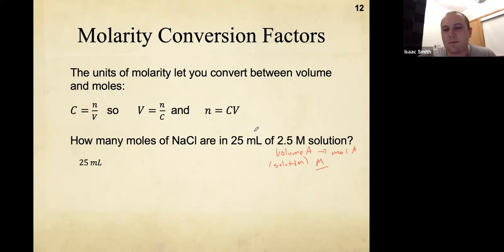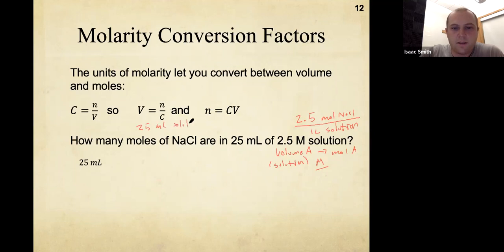So if we want to line up units, which is a really good way to think about this, remember that 2.5 molar, if you wrote this out, would be 2.5 moles of sodium chloride divided by 1 liter of solution. So we have 25 milliliters of solution, but first we have to convert to liters.